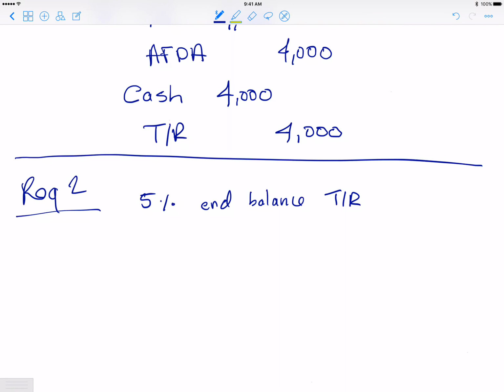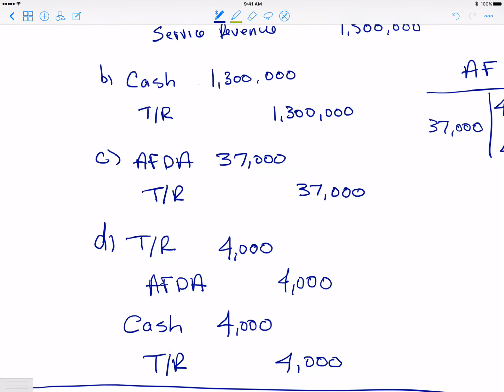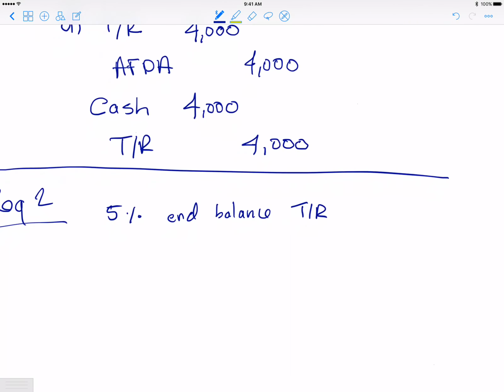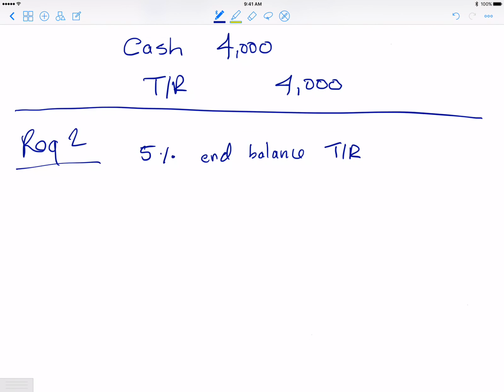So the ending balance of trade receivables. How can we find this? Well, we've actually done most of the work. If we scroll up here, we see our trade receivables and basically what we've accounted for here. So I'll just recopy that down here for requirement 2. We started with 450,000, and then we sold throughout the year 1.5 million.